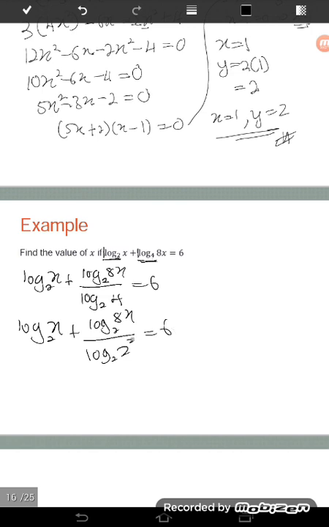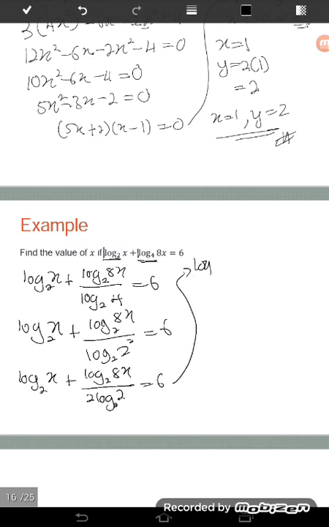And then this power of 2 we can bring in front. So I have log x base 2 plus log 8x base 2 divided by 2 log 2 base 2, which is equal to 6. Okay, so this one same with the base, so this one become 1. Okay, so jadi 1.